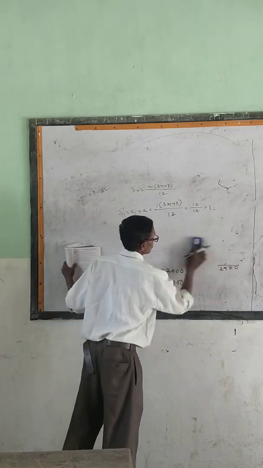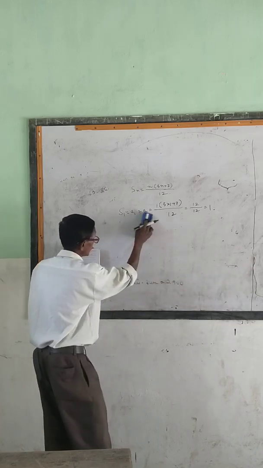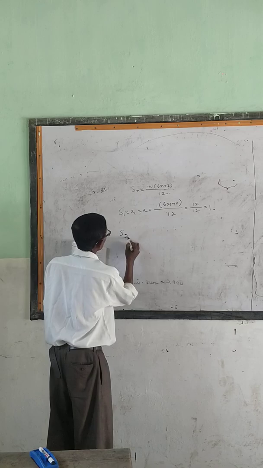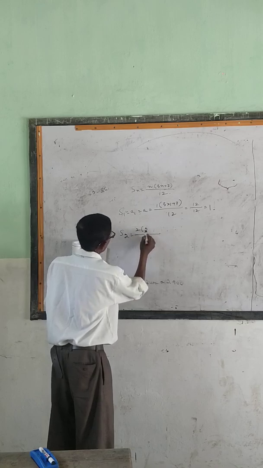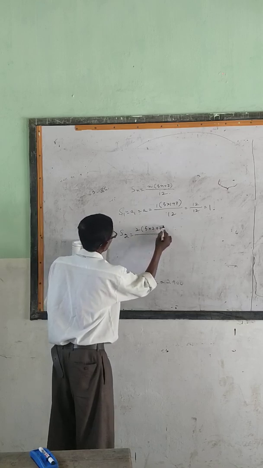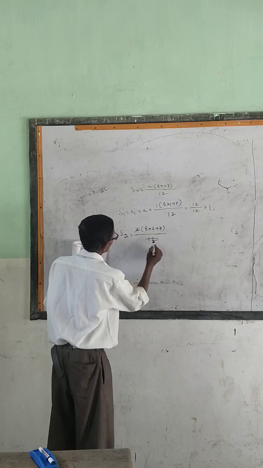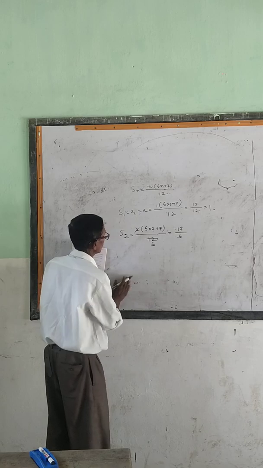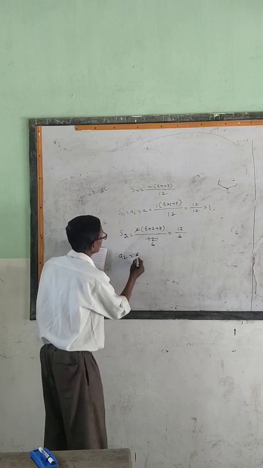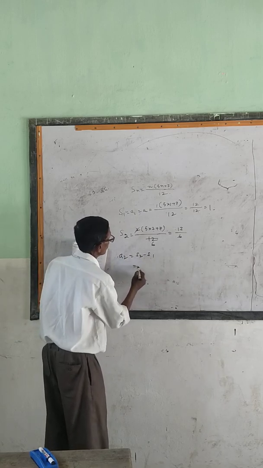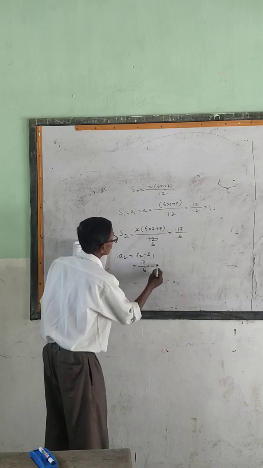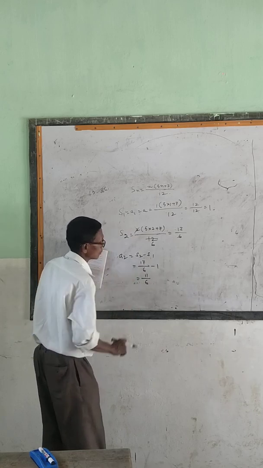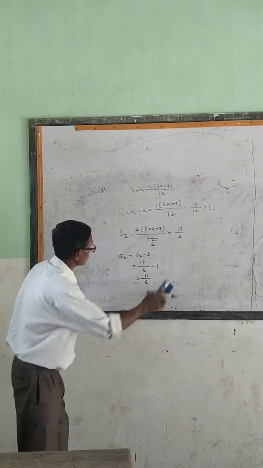Now S2 is 2(5 into 2 plus 7) by 12, which is 17 by 6. So a2 will be S2 minus S1, that is 17 by 6 minus 1, which is 11 by 6.